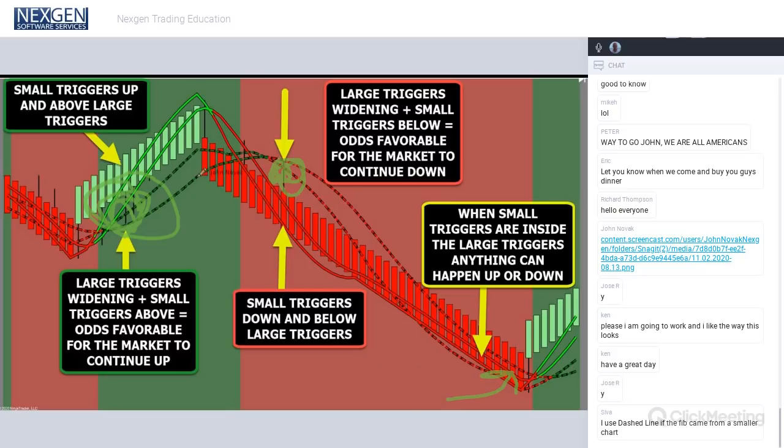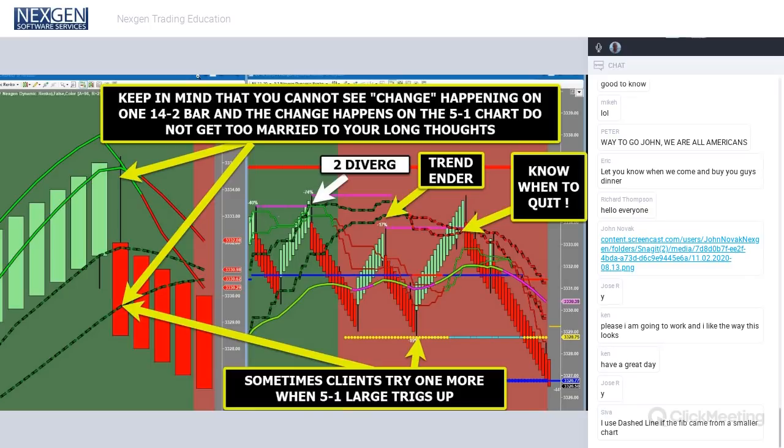The second thought process is this one up at the top, because this one kind of catches some people by surprise. I'm talking about up here at the very top. You guys see where I'm drawing up here? When the triggers are really spread out and there's a big distance in between the triggers, this is the time where you have to pay attention sometimes to what's happening, not just on the larger chart, but the smaller chart.